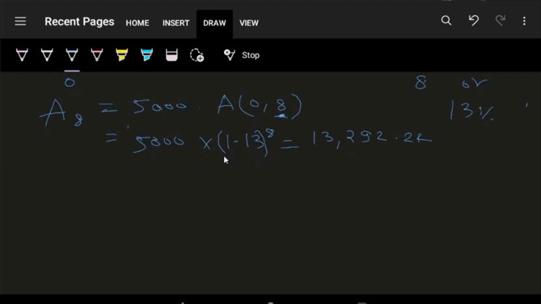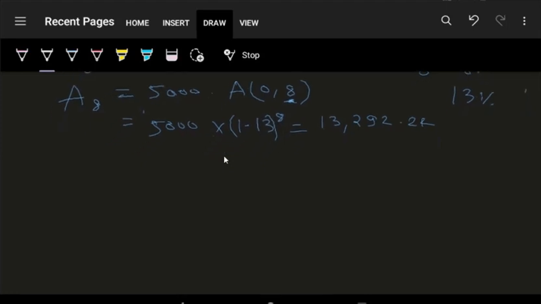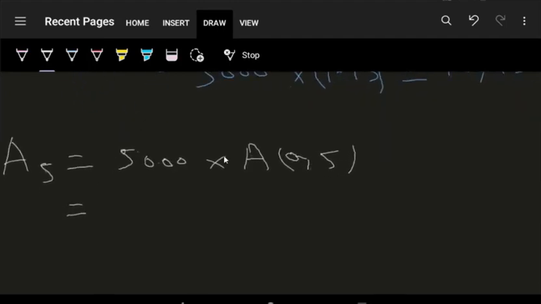Now I will calculate the amount at the end of the 5th year, and I will write it as A5. So the amount at the end of the 5th year would be 5,000 into a(0,5), that is 5,000 into 1.13 to the power 5, and this will come out to be 9,212.18.